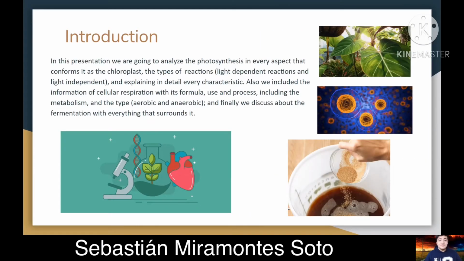Well, as an introduction to this presentation, we are going to explain and analyze photosynthesis, explaining every aspect such as the chloroplasts. Also, we are going to talk about the types of reactions, light-dependent and light-independent reactions, and explain every single detail and the characteristics they have, such as the similarities.